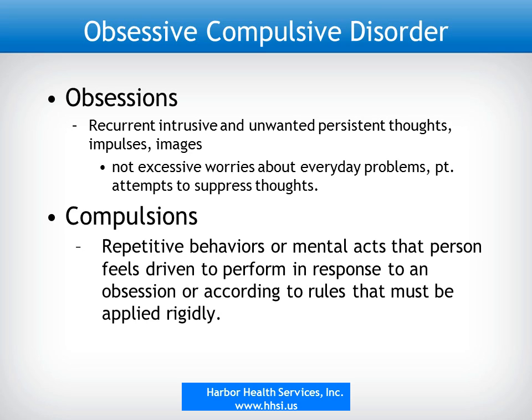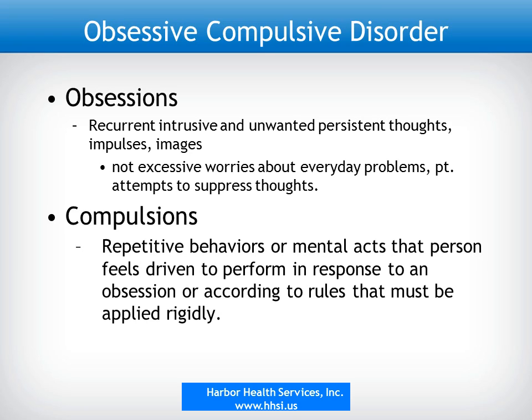Obsessive compulsive disorder is different from obsessive compulsive personality disorder, which is characterized by perfectionism. Obsessive compulsive disorder is characterized by obsessions, which are recurrent intrusive thoughts or impulses or images, as well as compulsions, which are the repetitive behaviors or mental acts that somebody feels driven to perform.